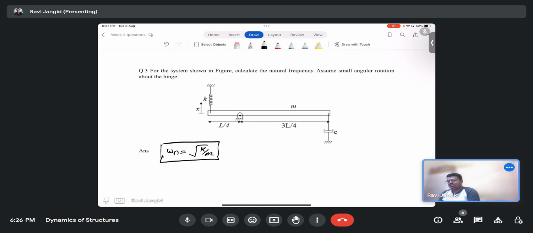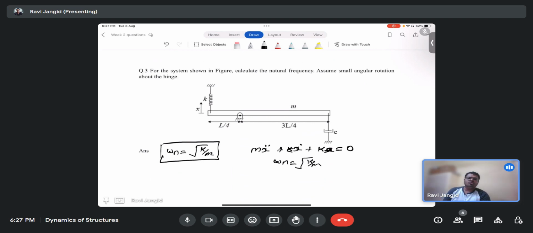For the system m x double dot plus c x dot plus k x equal to 0, omega n would be square root of k by m. In the last session we discussed how to formulate the equation of motion for the system.